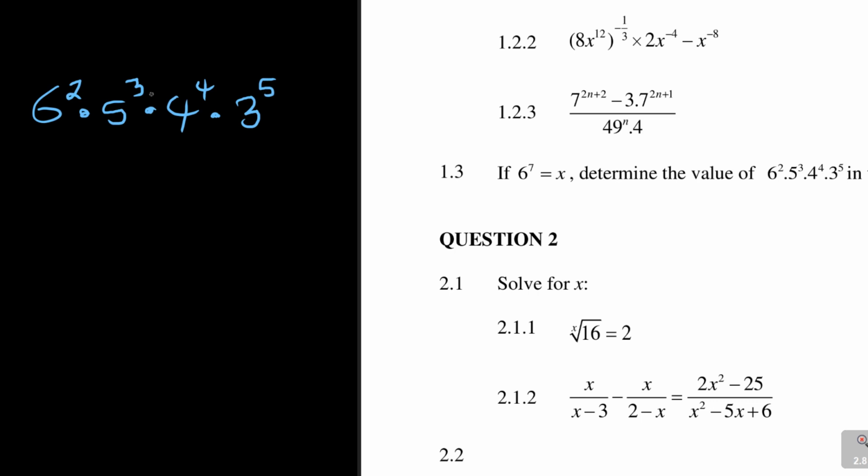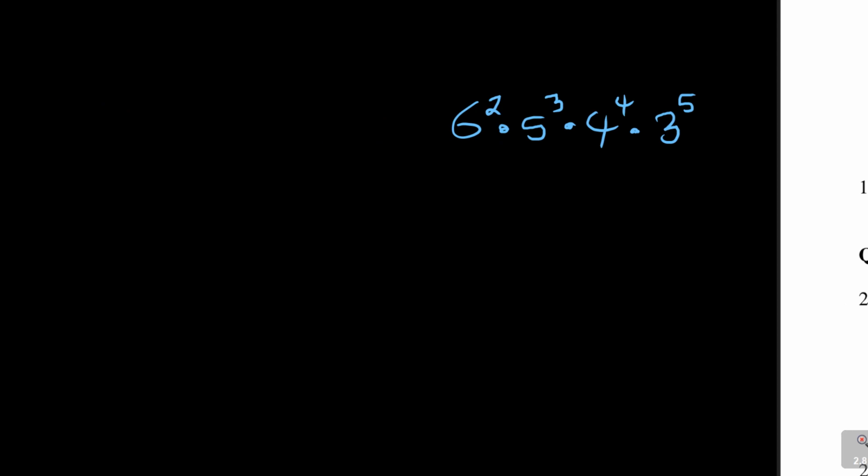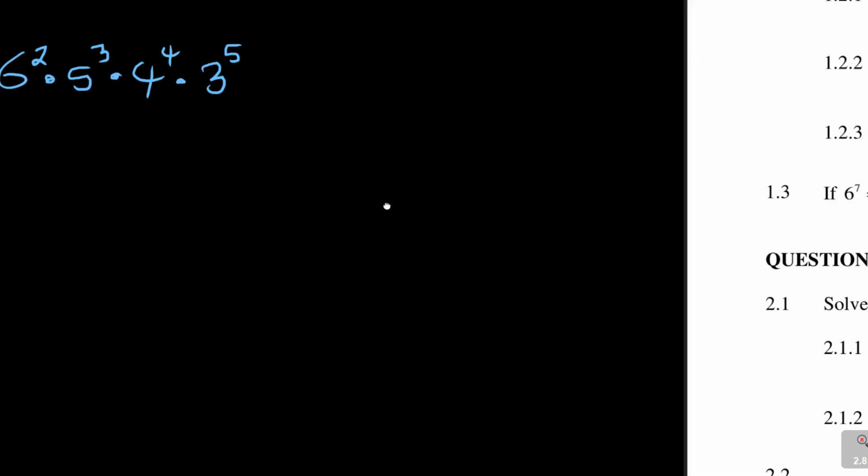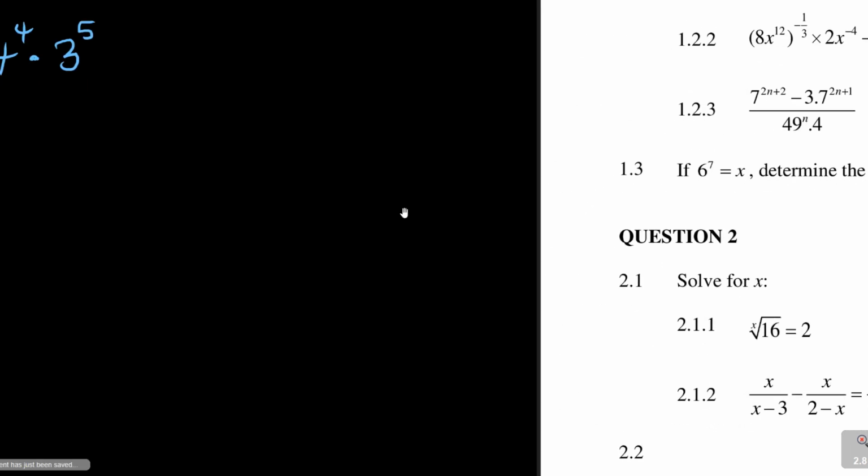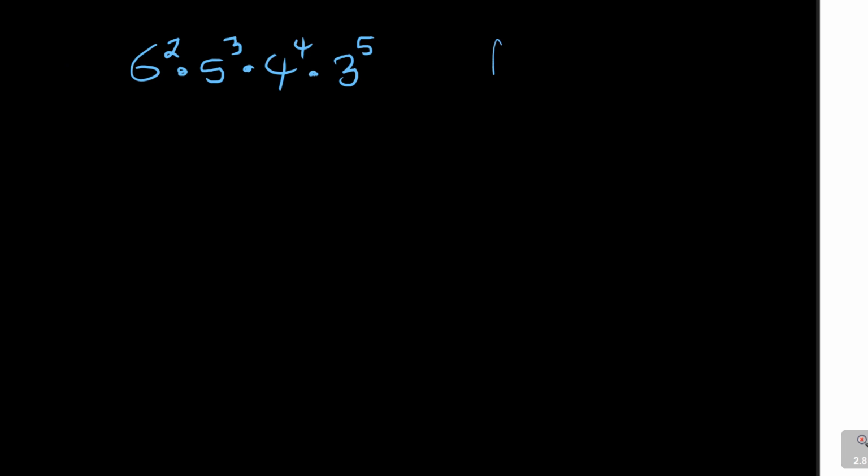So it's like 2, 3, 4, 5. But they've given me a hint. They are saying I am given that 6 to the power of 7 is equal to x.